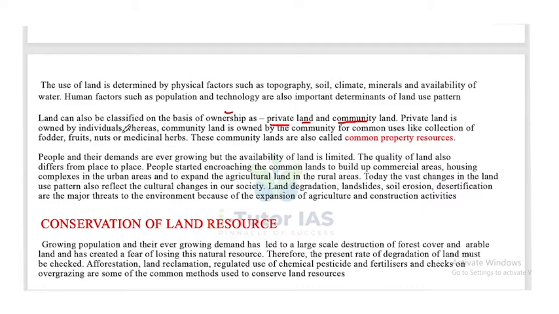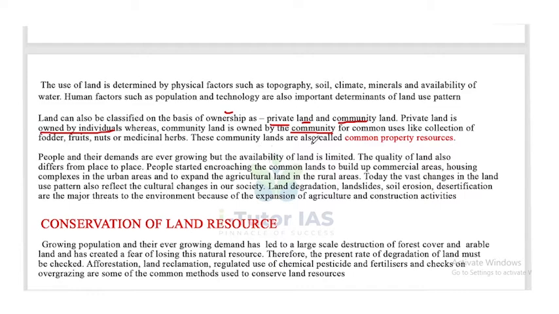Private means it's owned by an individual, and community land means it's owned by the community.